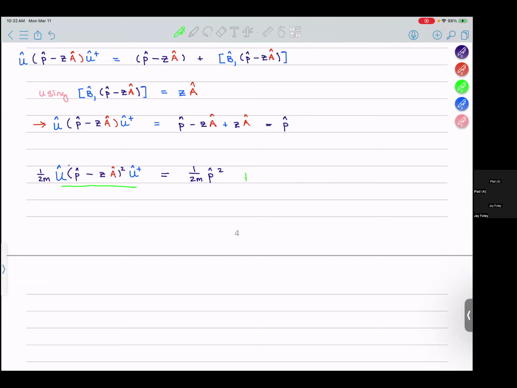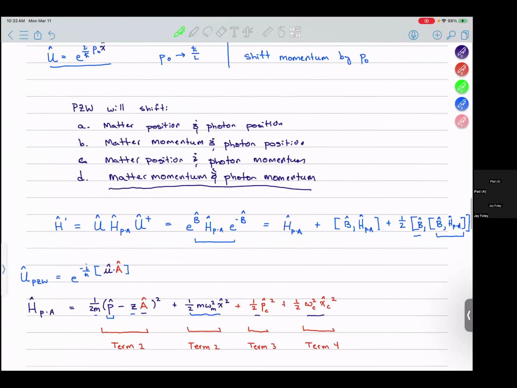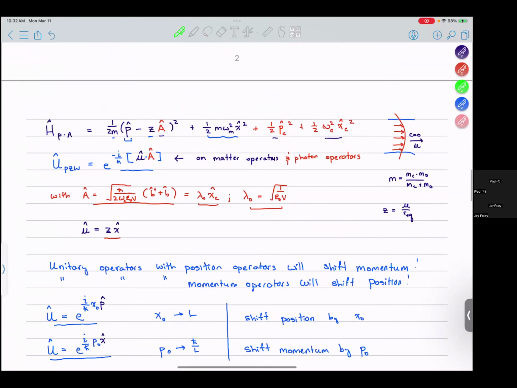Okay, we're done with term 1. And what has happened is we have taken this kinetic energy term in the P dot A Hamiltonian that we started with, because this overall thing was a kinetic energy.